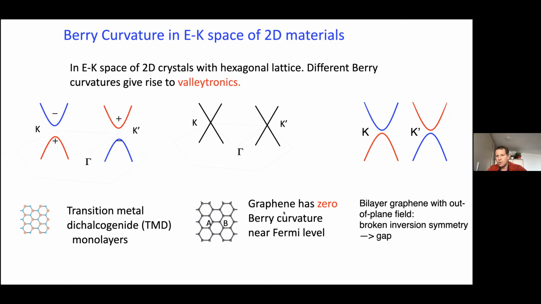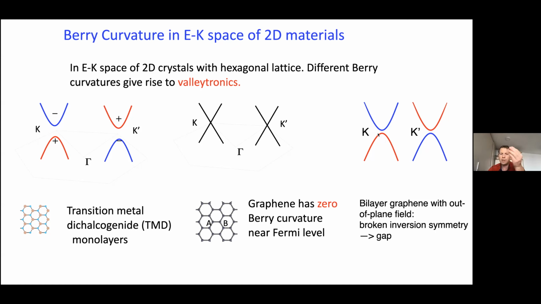If I take now bilayer graphene, also the Berry curvature is zero. But if I apply an out-of-plane electric field, then I can break the inversion symmetry. And then two things happen. The out-of-plane electric field opens a small band gap, but it also increases the Berry curvature. And as I will show you, this Berry curvature can be very large for small gap.